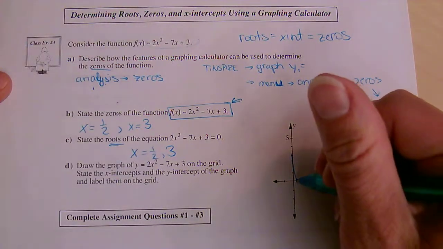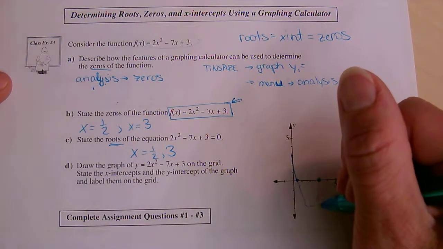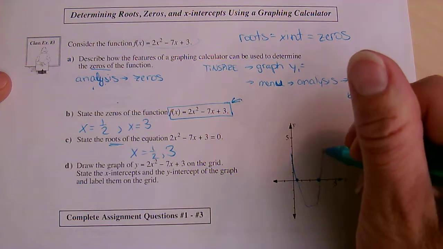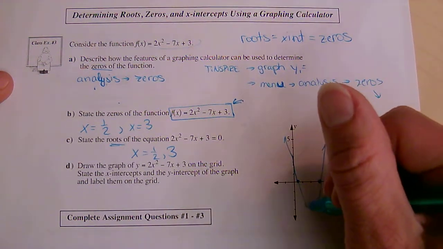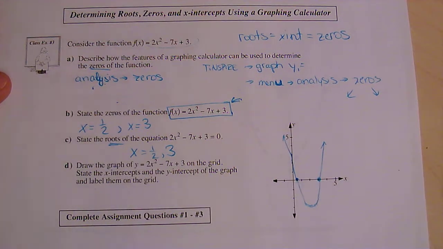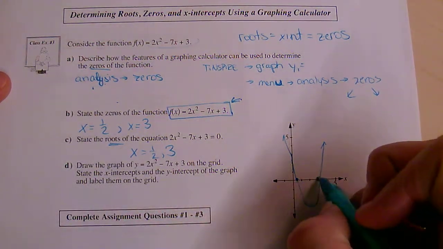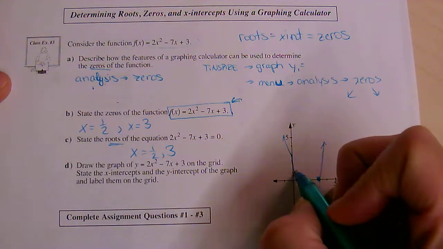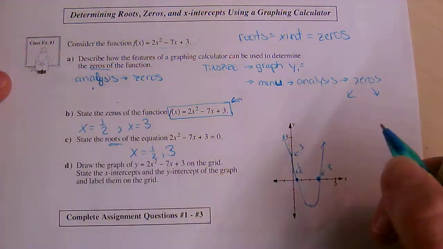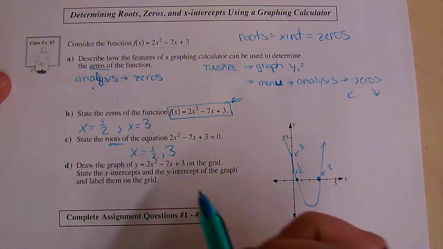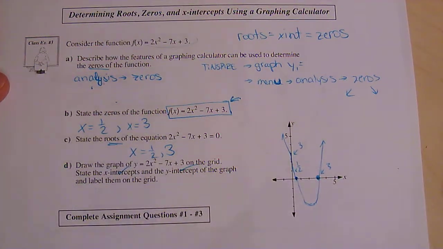And then the max-min, you should know how to find that too. Okay, so draw the x and y intercepts, so that's at 1/2, that's at 3, and there are the x-intercepts and y-intercept.